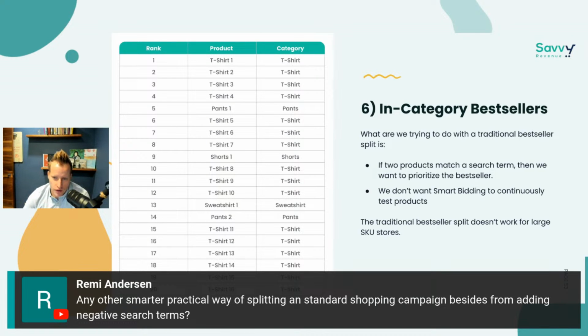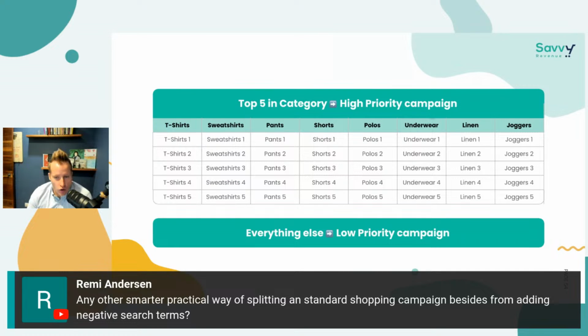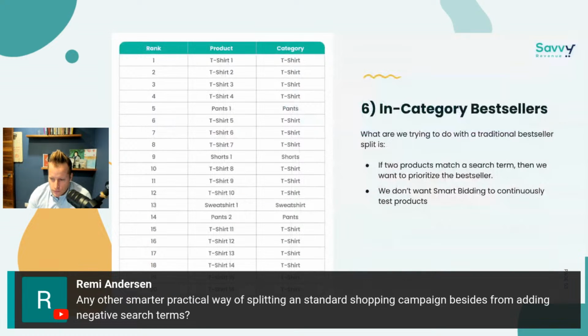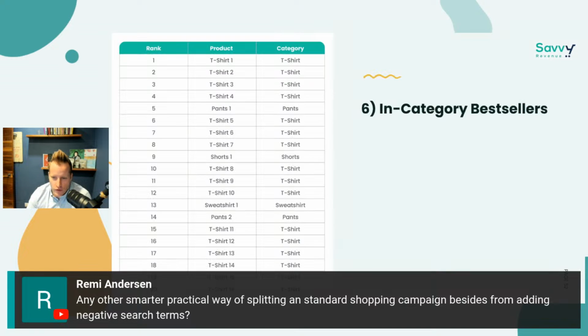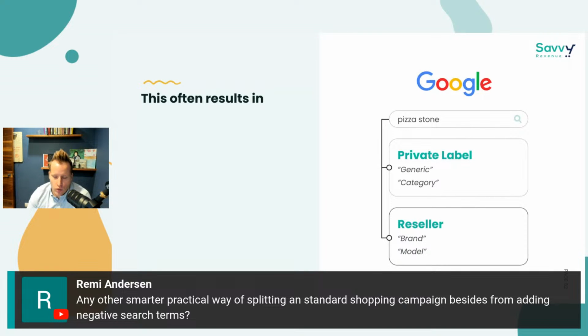We put all the bestsellers in a high priority and all the non-bestsellers in a low priority campaign. If you have private label, you have private label in the high priority and the resellers in a low priority, so that first and foremost we show our private label product. But if anybody searches for anything specific to the reseller product that we're doing, then that gets shown instead.